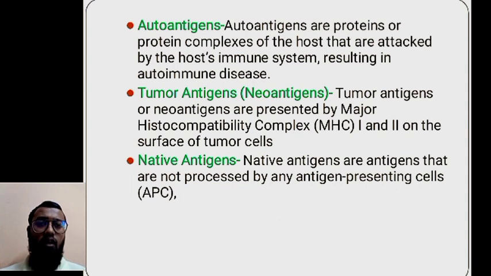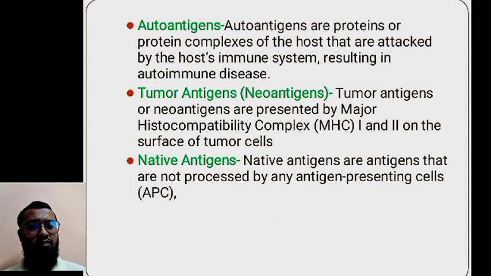Yes, students, it leads to autoimmune disease, and this autoimmune disease can be deadly to the host because our own immune system is attacking our own cells. The best example of autoimmune disease is arthritis, and the second example is myasthenia gravis. You already know these diseases, and you have studied them better in your subjects.